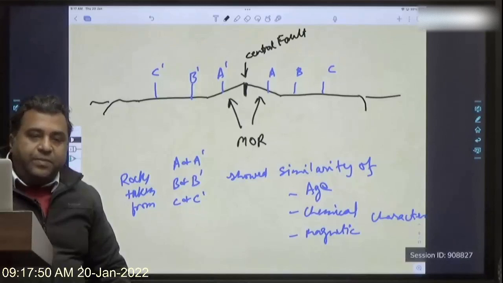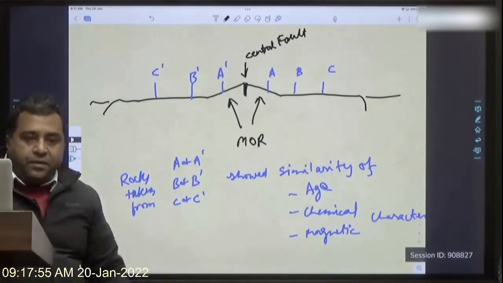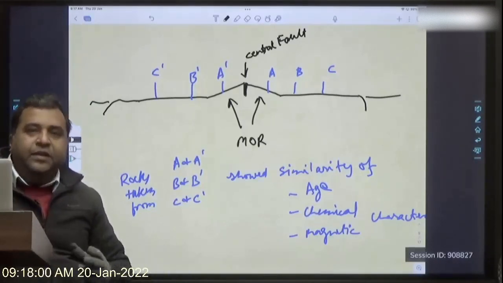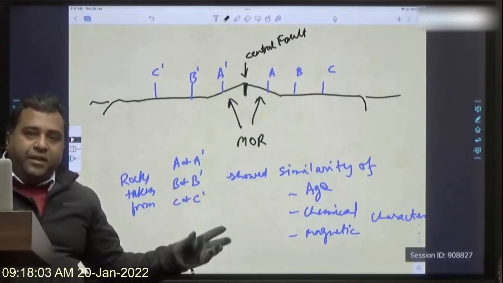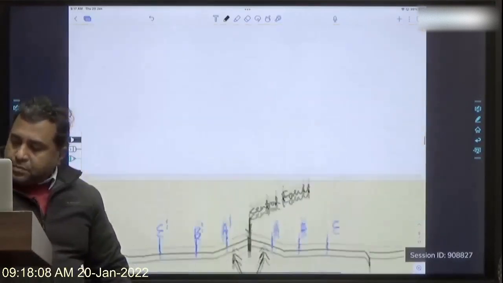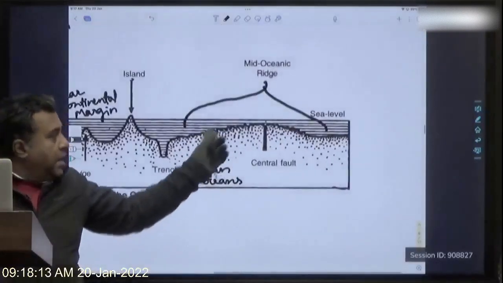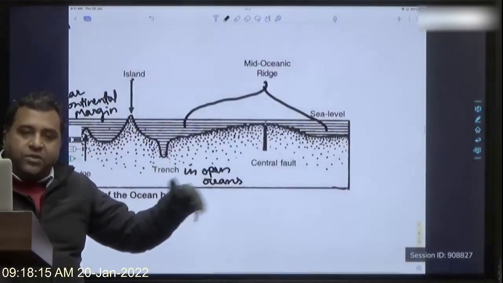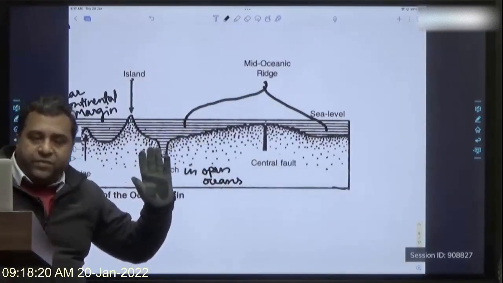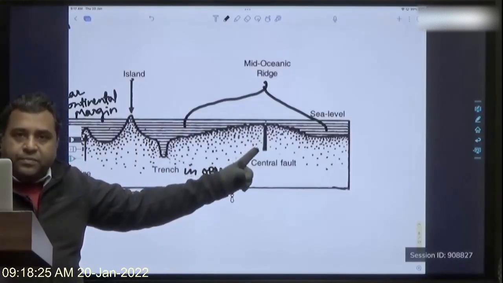Mid-oceanic ridge, explain again. Please watch that part of the video again, where I have explained. Don't ask me to repeat things, especially in the next classes. I generally recommend this because I have already explained it earlier. Mid-oceanic ridge is the part which is, in this diagram, a large mountain-like chain, like the Himalayas on the land. They are mountain-like chains in the ocean floor, and they have a crack somewhere in the middle, right?